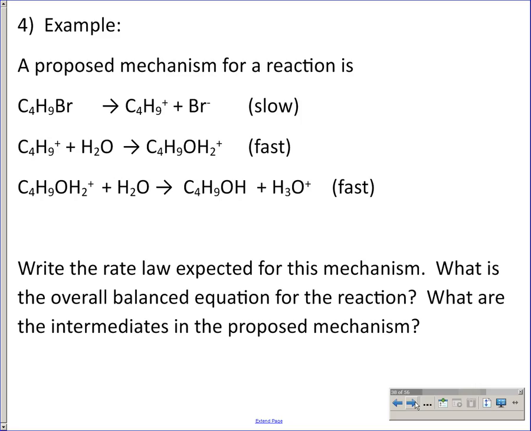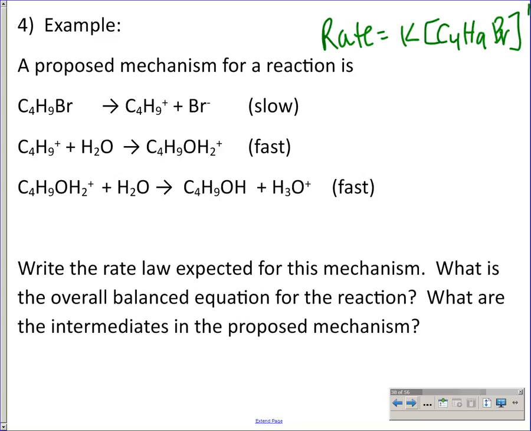So, the proposed mechanism for this one is this. Write the overall rate law expected. Right now, automatically, we can write the rate law. How do we know that? That's in the reactants of the slow step. So we know the rate law is concurrent with the rate determining step.